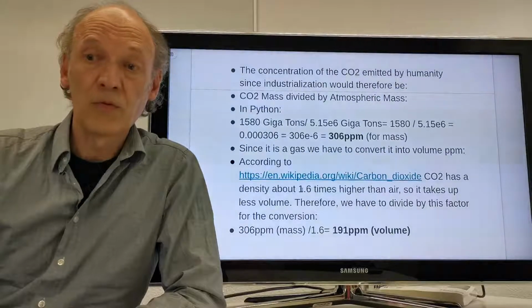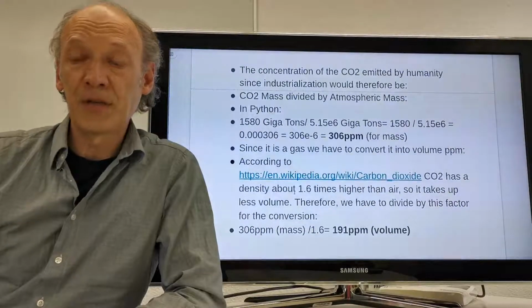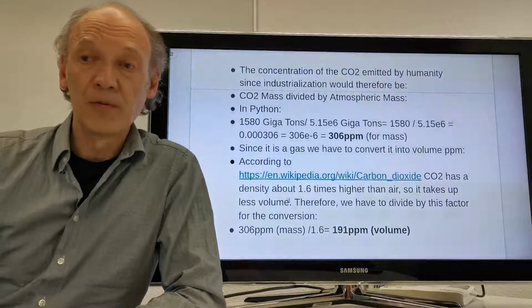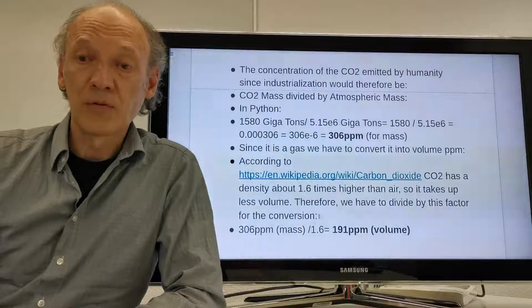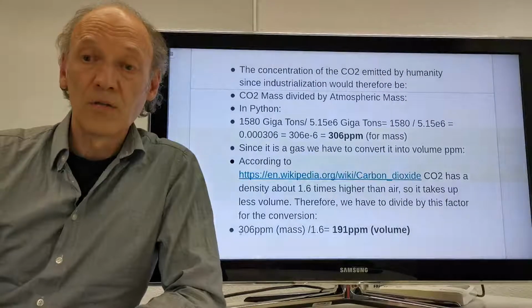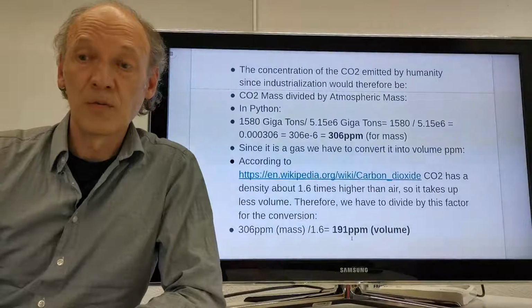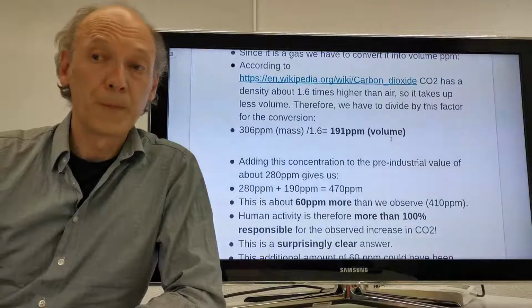And again we can find the properties of carbon dioxide, CO2, on the internet, in Wikipedia. And we find CO2 has a density about 1.6 times higher than air, which means it takes up less volume. And therefore we have to divide by this factor for this conversion. So we need 306 ppm divided by 1.6, and we get 191 ppm by volume.